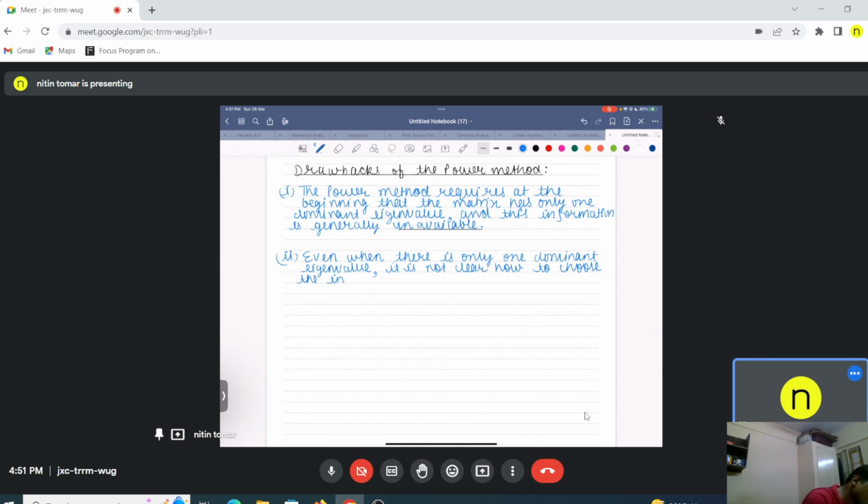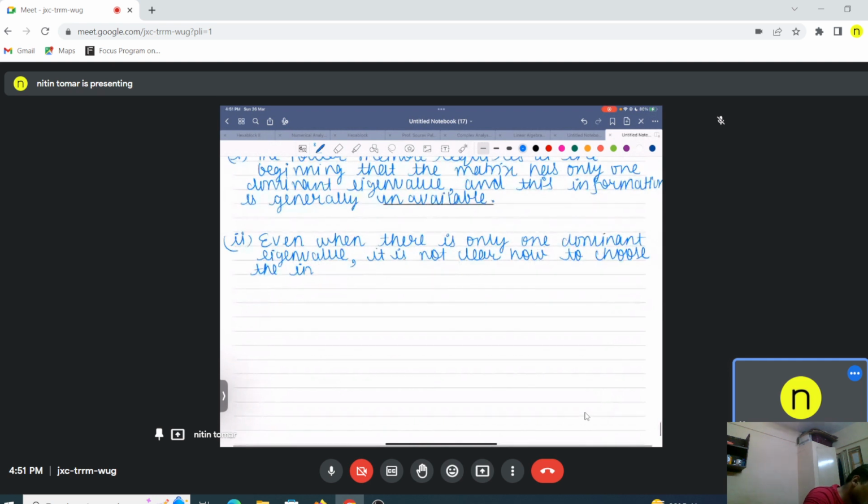How to choose the initial guess x0 such that it has a non-zero component C1, as per the notation of the theorem, right?